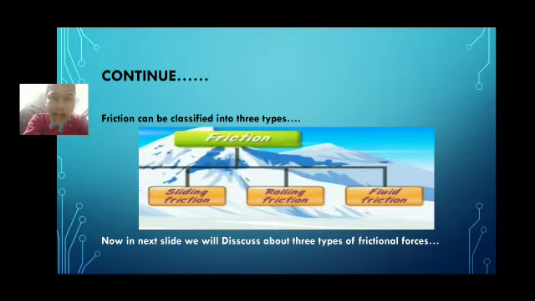In this video I have not presented fluid friction, but fluid friction is also a friction force, and I will make another video to clear up fluid friction. Now let us discuss static friction, sliding friction and rolling friction, with examples.